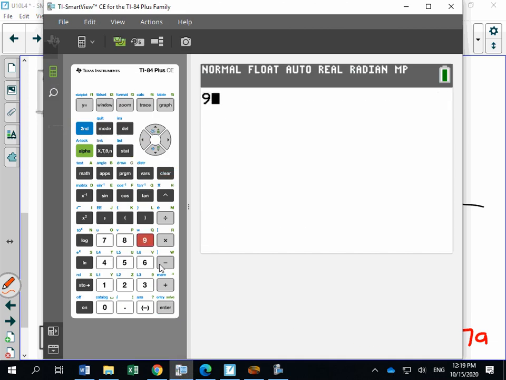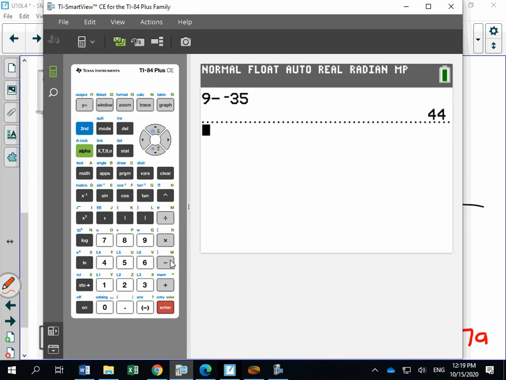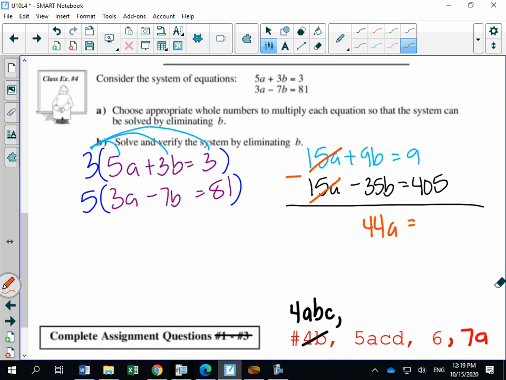Clear what you have. 9 minus negative 35 is going to give me 44a is equal to 9 minus 405. Negative 396. Divide both by 44.